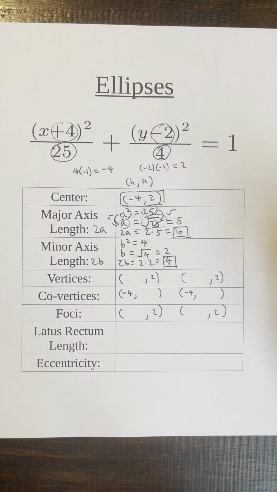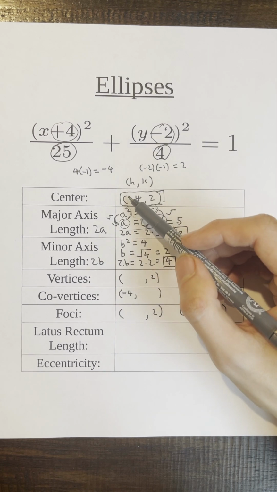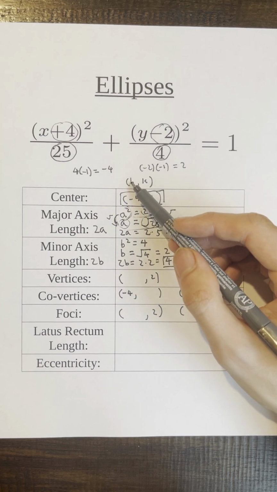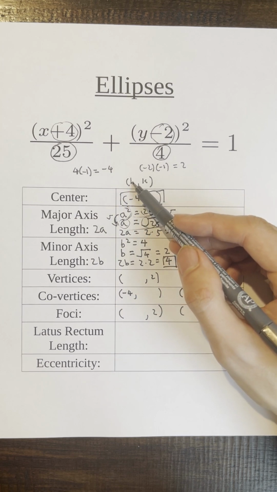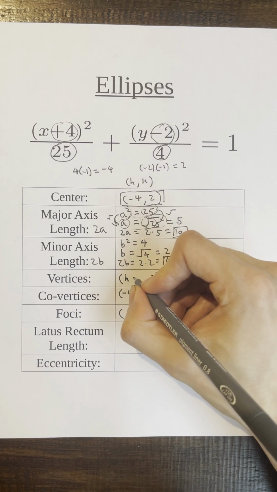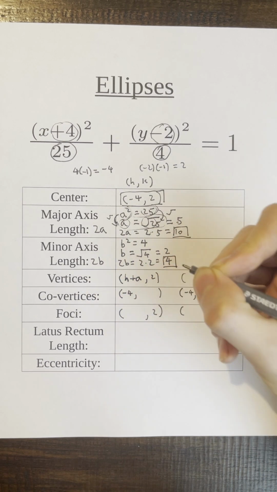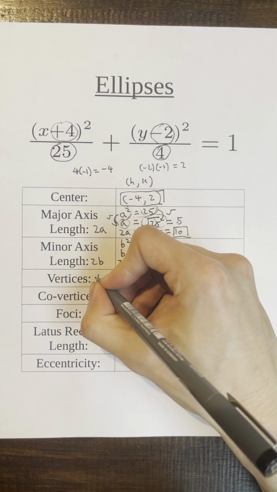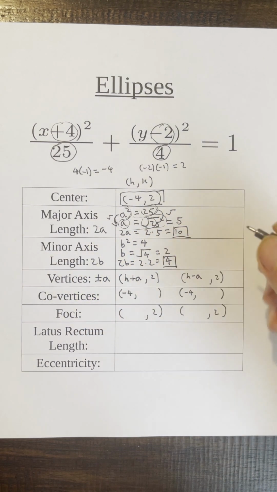We need to move a units from the center. So move a units away from h. So to move a units away from h, we can add a and we can subtract a. So I'll just put a plus minus a here.